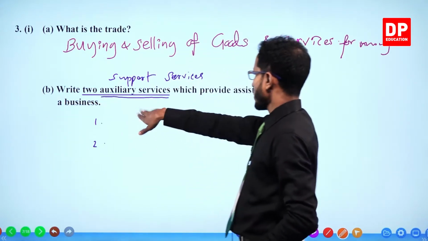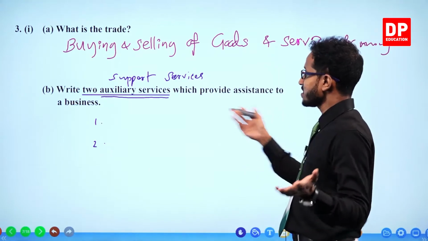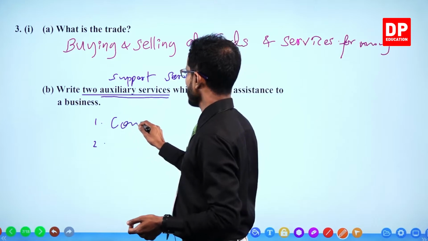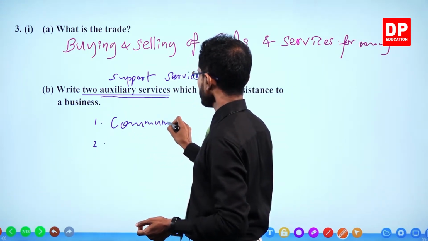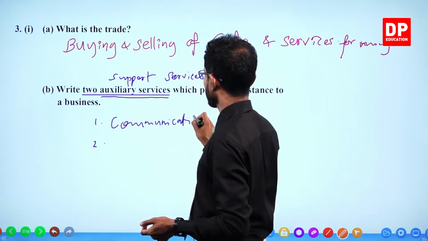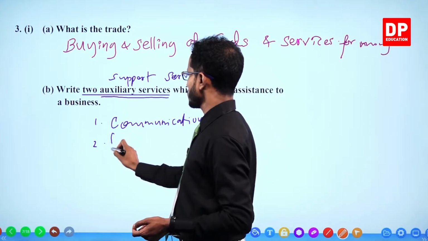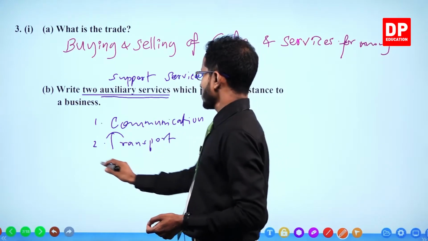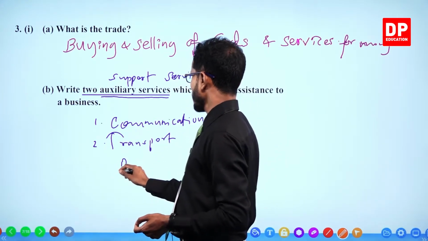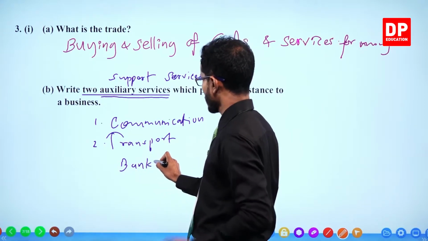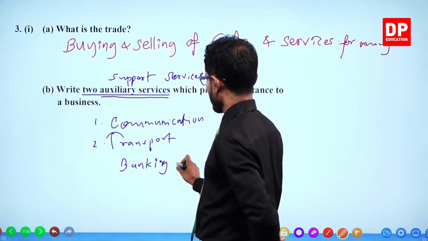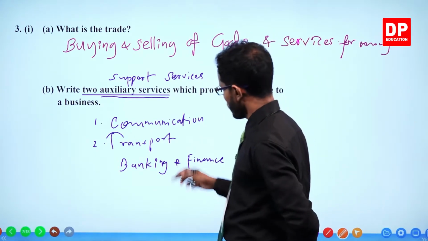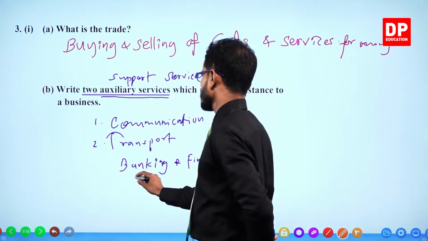Take any 2 and write down which provide assistance to businesses. All right, we'll write communication, transportation. If you want, you can write banking and finance, even insurance.